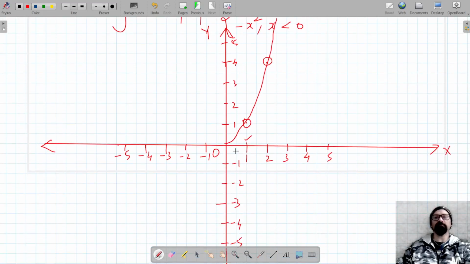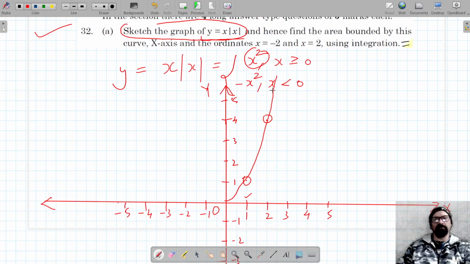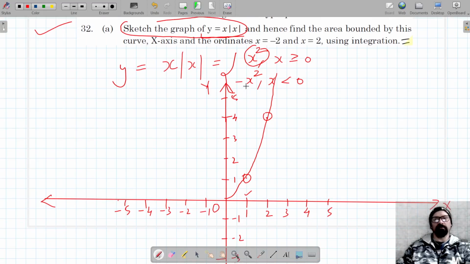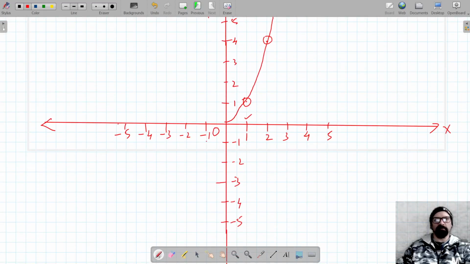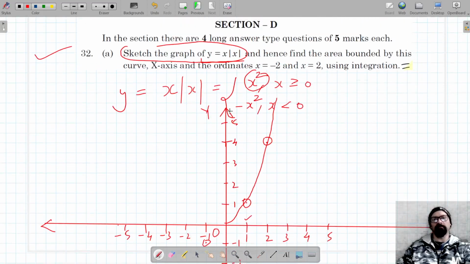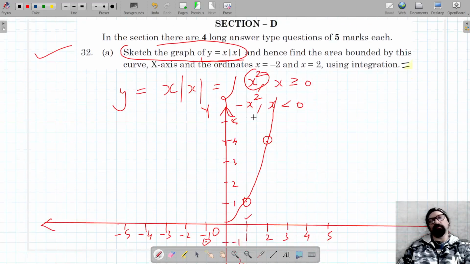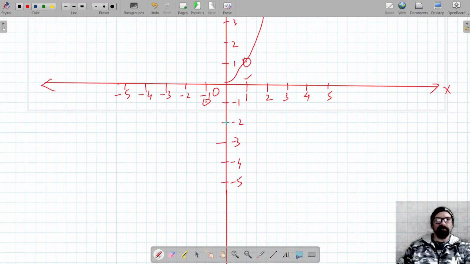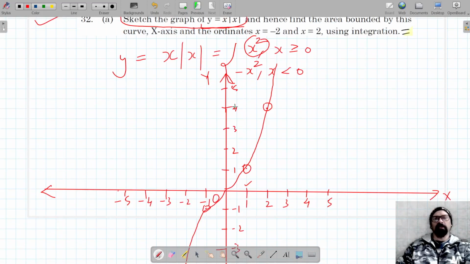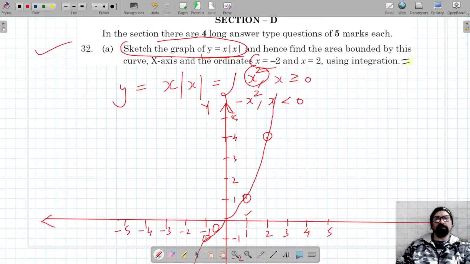Now, if x is less than 0, let's say -1, this is negative of -1 squared, which is here, -1 and -1. If I put -2, negative of 2 squared, which is -4. So this graph goes like this. Okay, now we have the ordinates x is equal to -2.